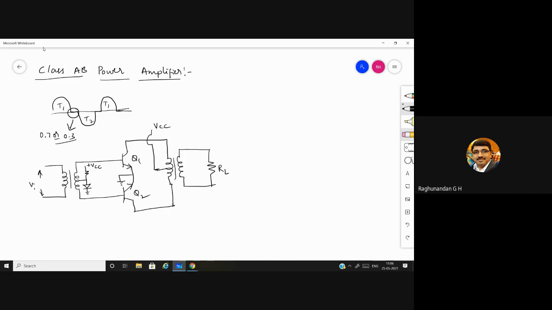The crossover distortion problem was occurring in both the transistors whenever both the transistors are crossing the zero reference line. That means at the zero reference line, the output of both the transistors will be zero, because both the transistors are going to enter into the cutoff region. When the input is like this, during the positive half cycle, Q1 is going to conduct, and during the negative half cycle, Q2 is going to conduct. But when the signal is crossing the zero reference line, during that time neither Q1 nor Q2 will conduct. So both will be in off state.